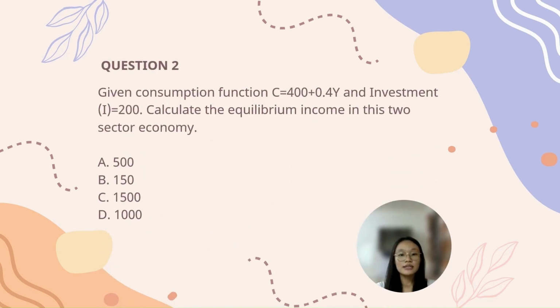For the next question, question 2. Given consumption function C equal to 400 plus 0.4Y and investment, which is also known as I, is equal to 200. The question wants you to calculate the equilibrium income in this two sector economy.